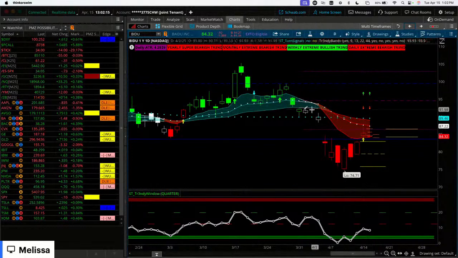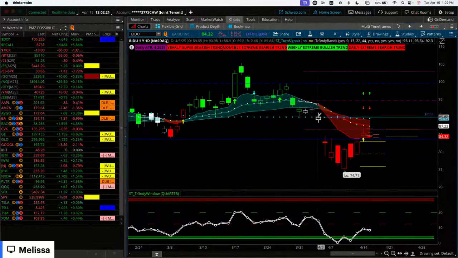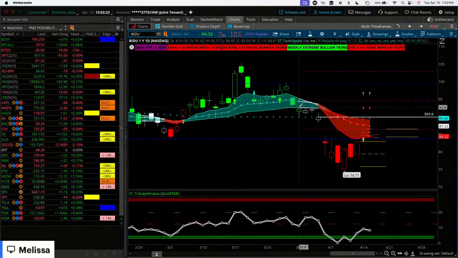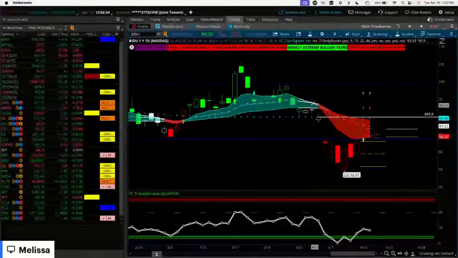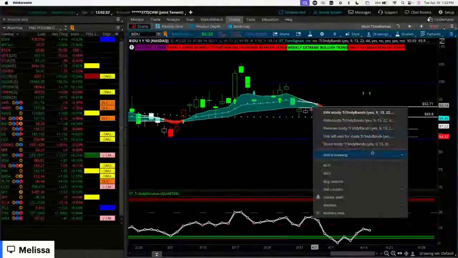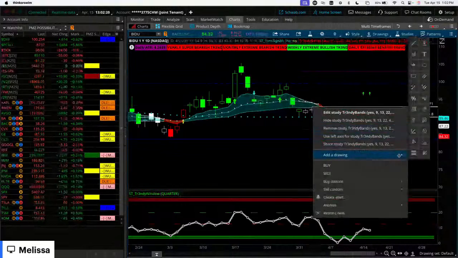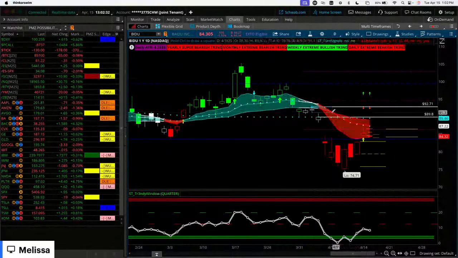If I look up and left, I can see that I have inside candles followed by a candle that closed below the body of that initial candle. So this has created supply here.